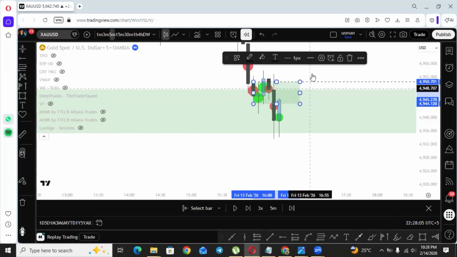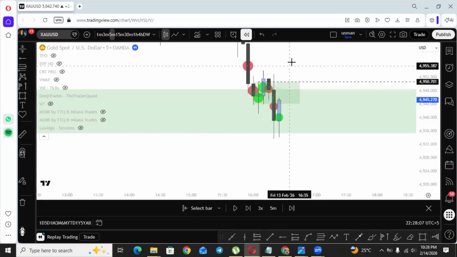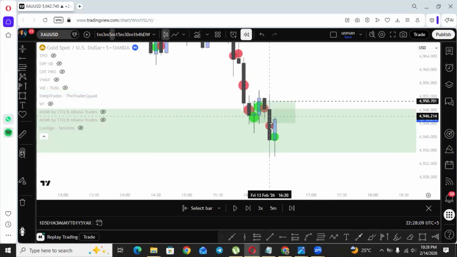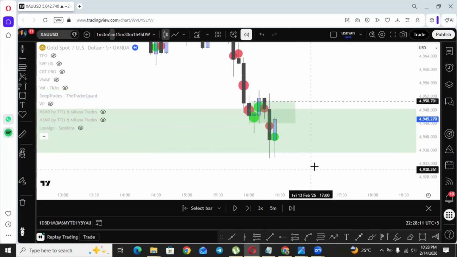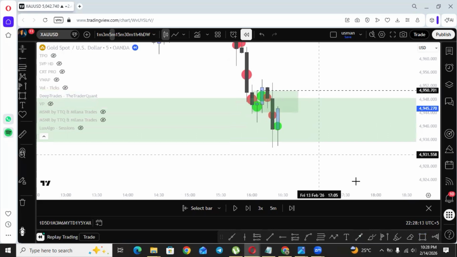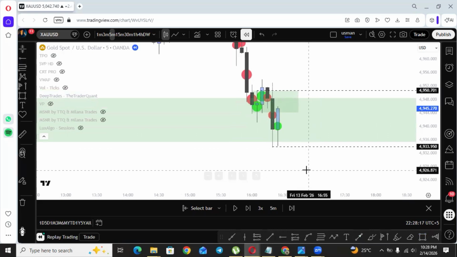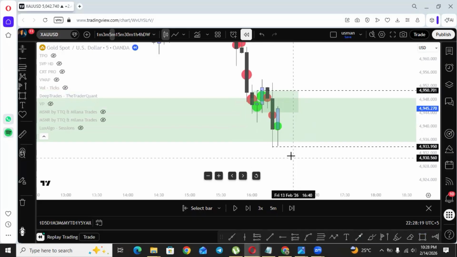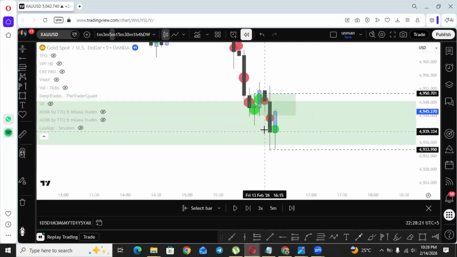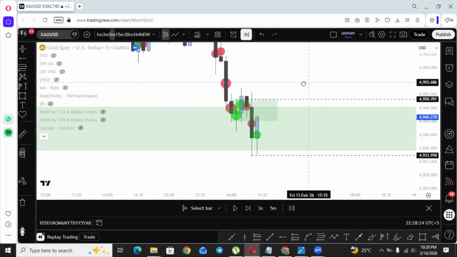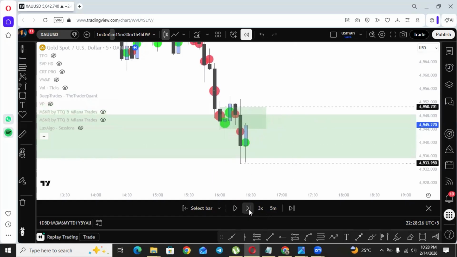These green bubbles represent the aggression of buyers which was previously absorbed by the sellers. And if the market has to go down, it has to close its body below this wick. But the market is not doing that currently. So let's wait for the market to give us some signal.